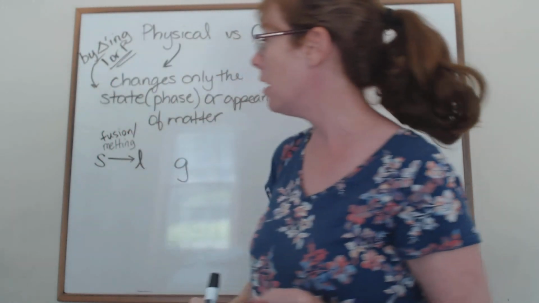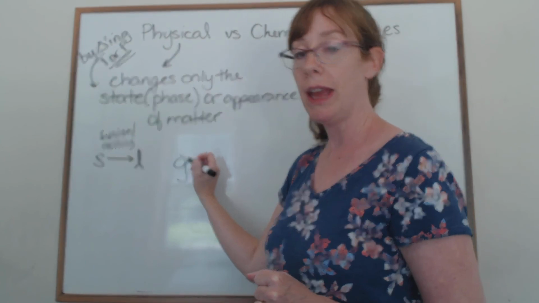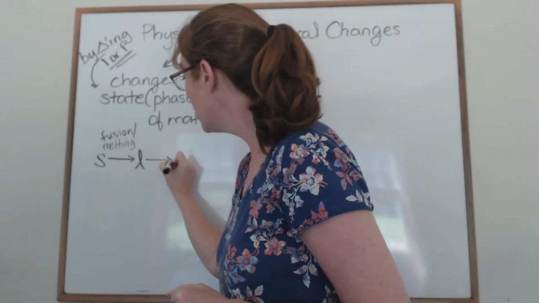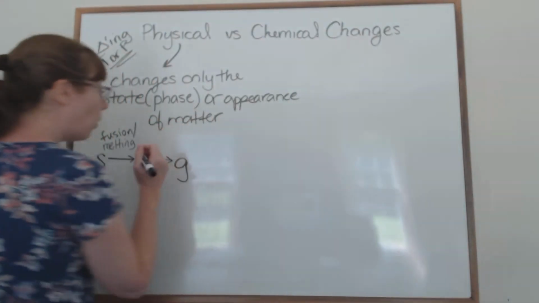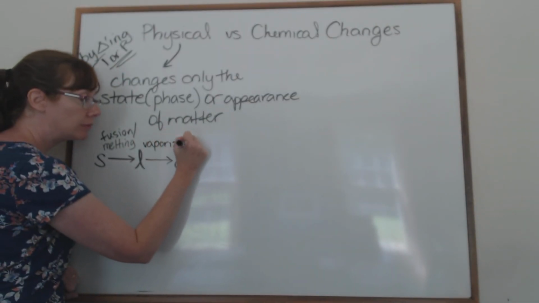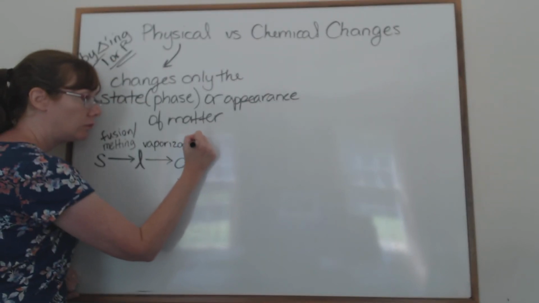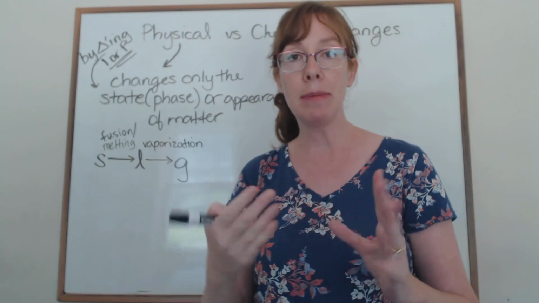Those mean the same thing. Fusion or melting. If you go from a liquid to a gas, that is called, you know it, evaporation or vaporization. I'm going to write vaporization. It's the same thing as evaporation.